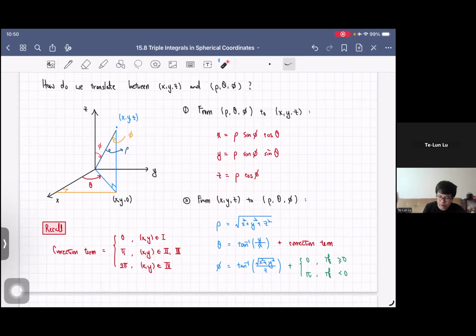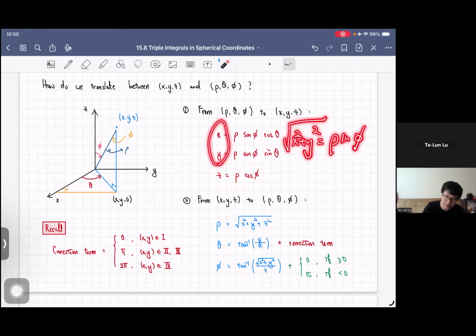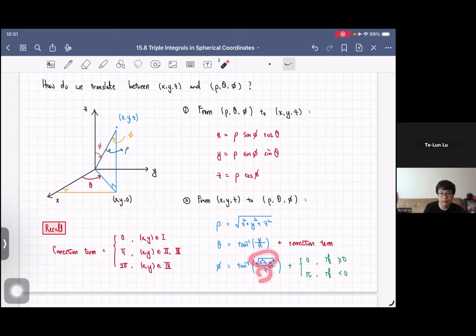To find the inverse tangent of phi, we see that the square root of x squared plus y squared is rho sine phi, right? I'm basically saying this line, rho sine phi. So by dividing this, rho sine phi, by rho cosine phi, you get tangent phi. That means tangent inverse of tangent phi will give you phi.